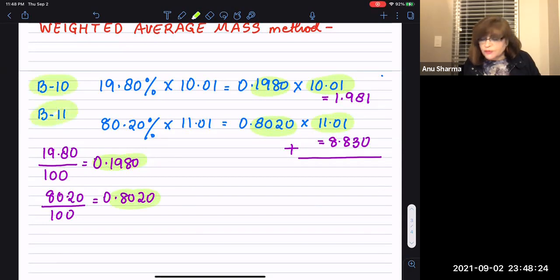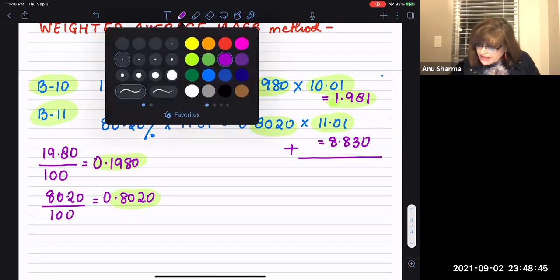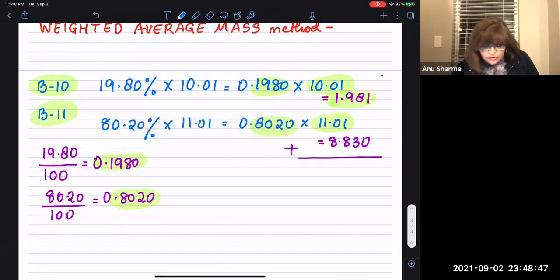So in this case, it's boron. When you do the math, you find that 1.981 comes out when you multiply the abundance factor 19.80 times 10.01, and then 8.830 comes when 80.20% is multiplied by 11.01. So in that case, when you add these two, you get 10.81102 and so forth.